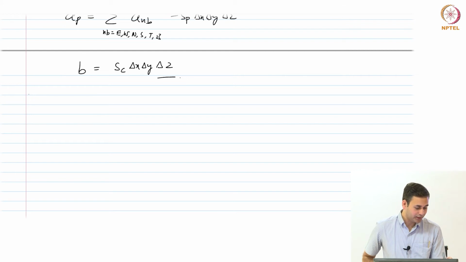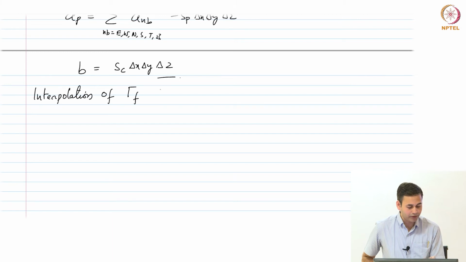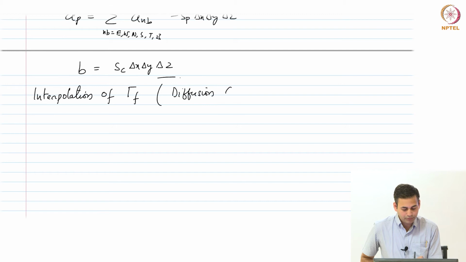That is basically how do I calculate the diffusion coefficient, that is basically interpolation of gamma f, your diffusion coefficient on the faces.